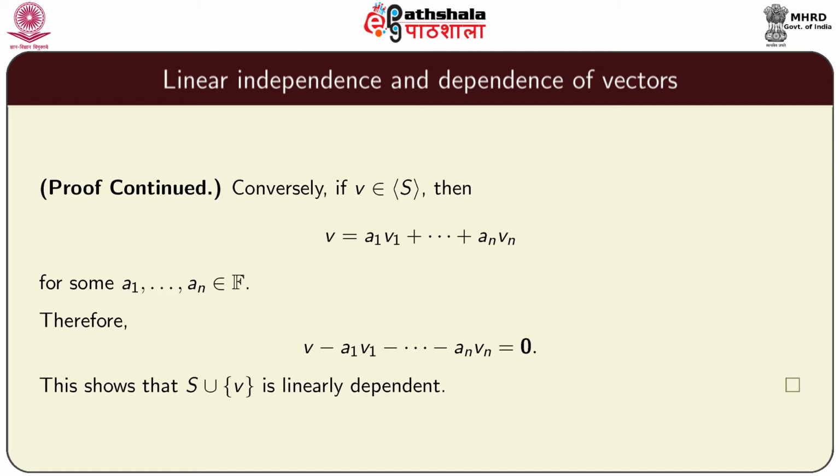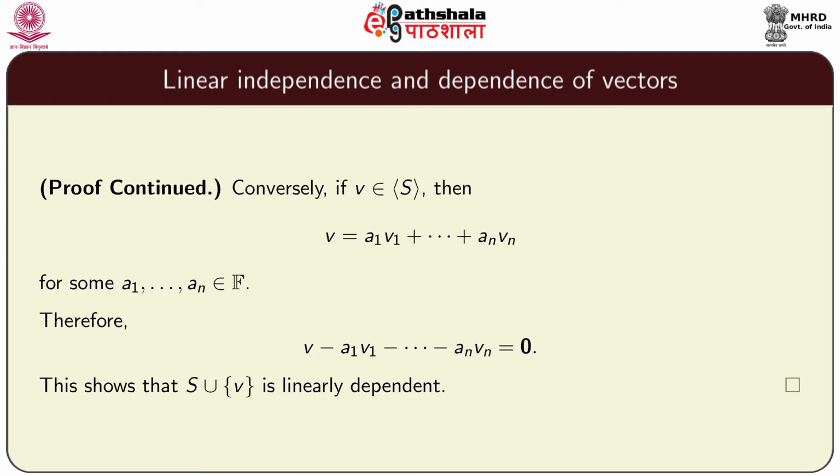If v belongs to span of S, then v is a linear combination of finitely many vectors from S, that is v is equal to a1 v1 plus a2 v2 etc. up to an vn for some a1, a2, ..., an in F. Therefore, a simple rearrangement shows that v minus a1 v1 minus a2 v2 etc. up to minus an vn must be the 0 vector.